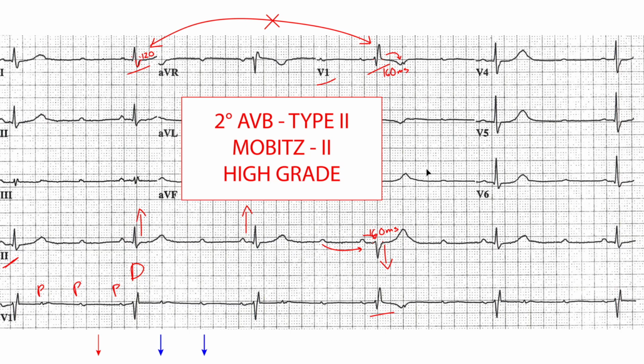Okay, high-grade version of it. So 2 P waves or more per every QRS equals a high-grade block. And you can have variations. Maybe you would have 3 Ps here to a QRS. Maybe there would be 2 over here, or maybe there would be 5 over here to a QRS. But the PR preceding that QRS has to be consistent. It has to be the same.